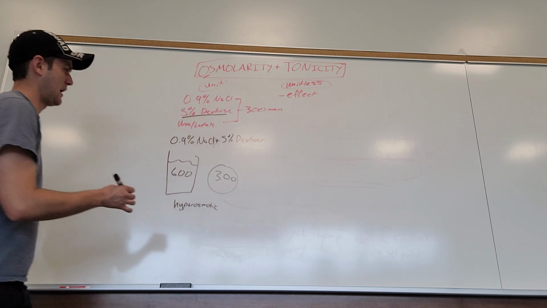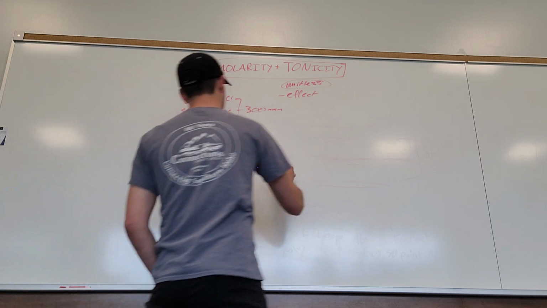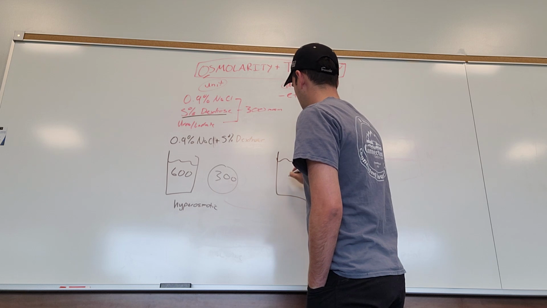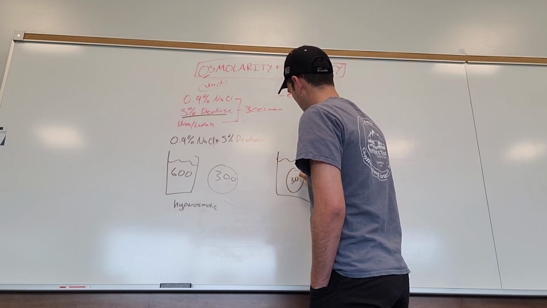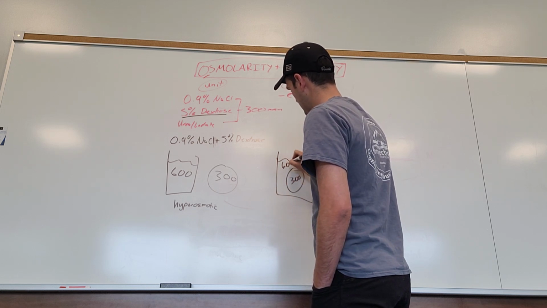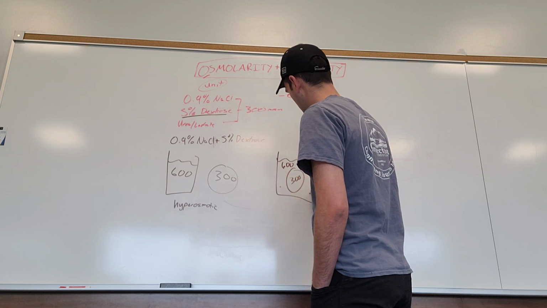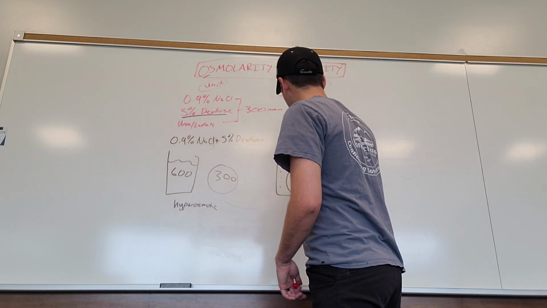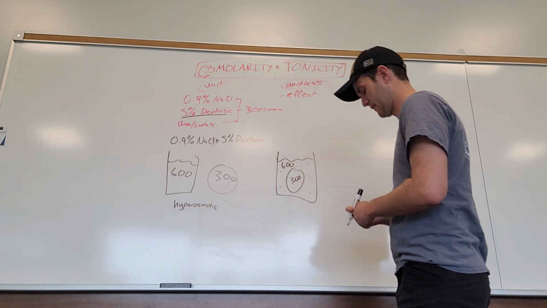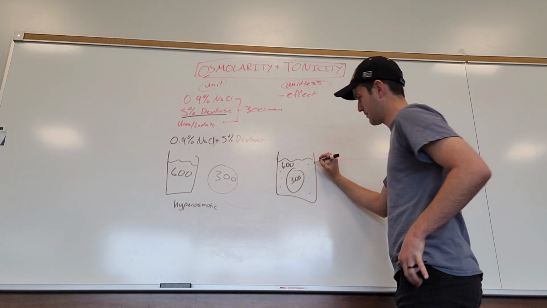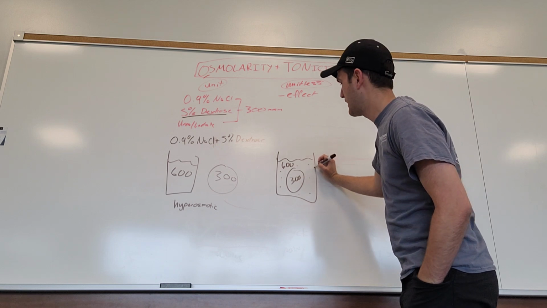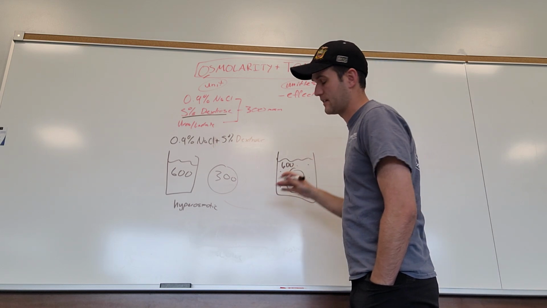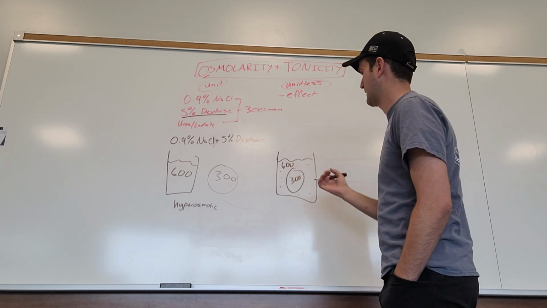Okay, but now let's go into our tonicity. So now we have our solution here, and our cell, 300, this is going to be 600. We're going to have all of our dextrose, then we're going to have all of our sodium chloride. Okay. Remember, dextrose or glucose is a penetrating solute. So it's going to go into the cell, and when it goes into this cell, it's going to get metabolized.